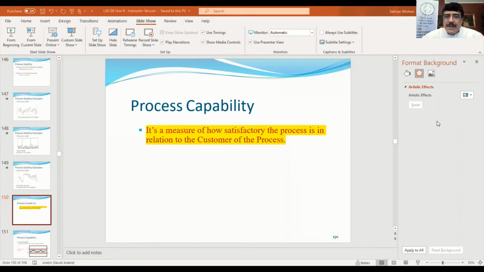Process capability is a measure of how satisfactory the process is in relation to the customer of the process. Basically, how are we doing in comparison to what our customer requires? It's like we said before: the voice of the process against the voice of the customer.